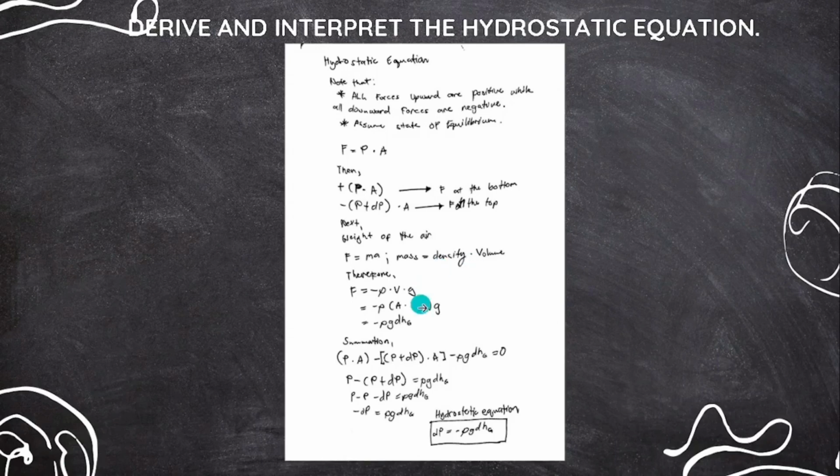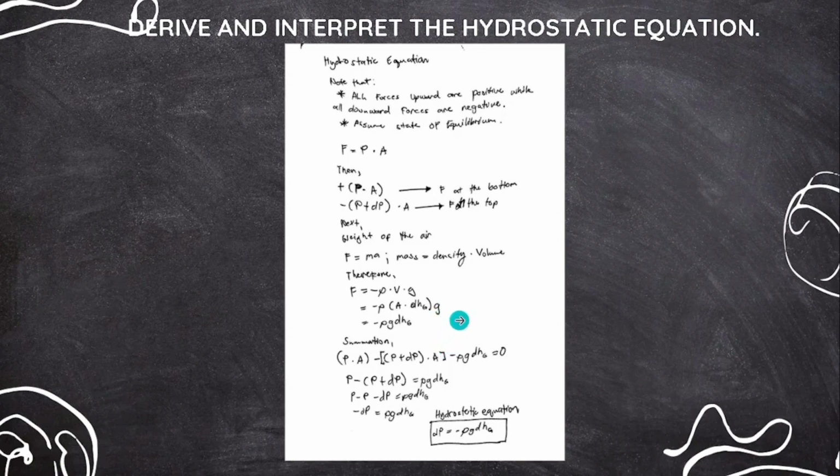Then it became negative rho multiplied by area times the difference in height, multiplied by the gravity. Then we came up to negative rho times gravity multiplied by the difference in height.